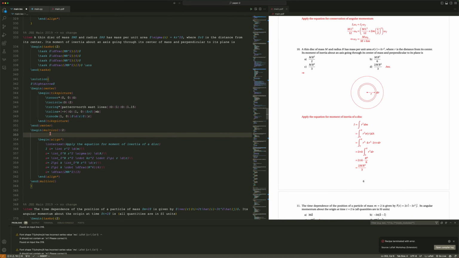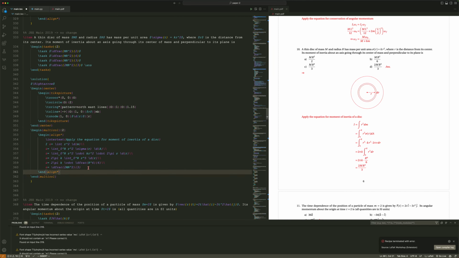And now we can basically solve that part as the right column.